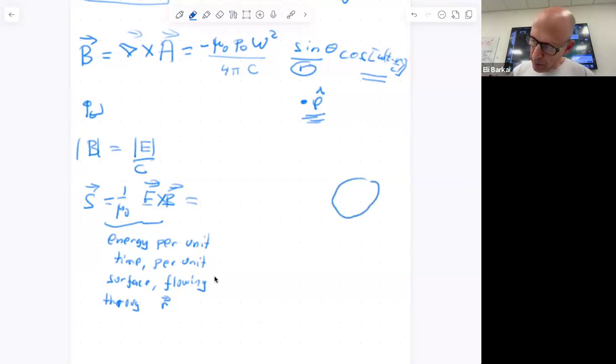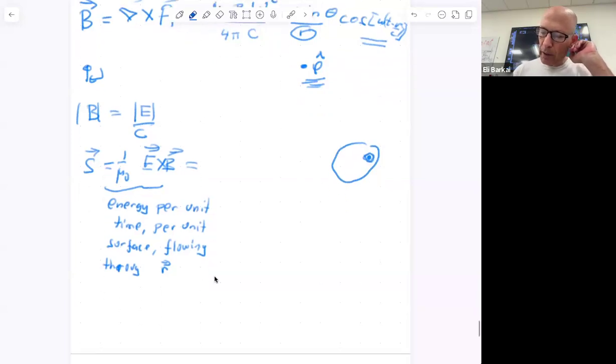You have this sphere, you have this dA. If I multiply S by dA, this will give you the total energy per unit time going through this small element of surface on the surface of the sphere. But this is just a reminder.